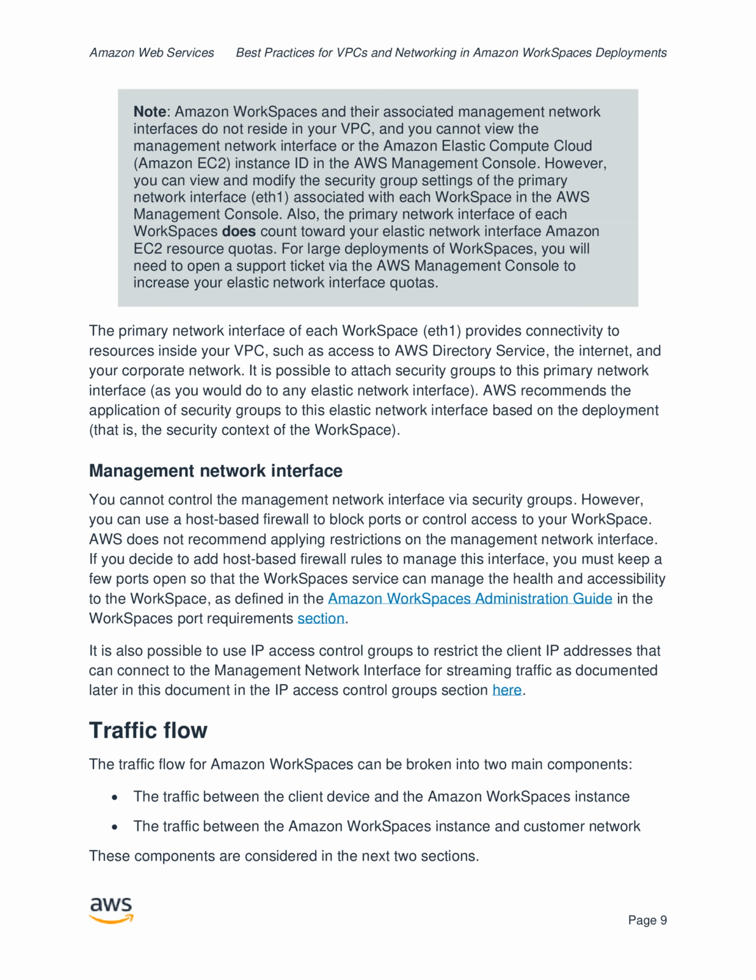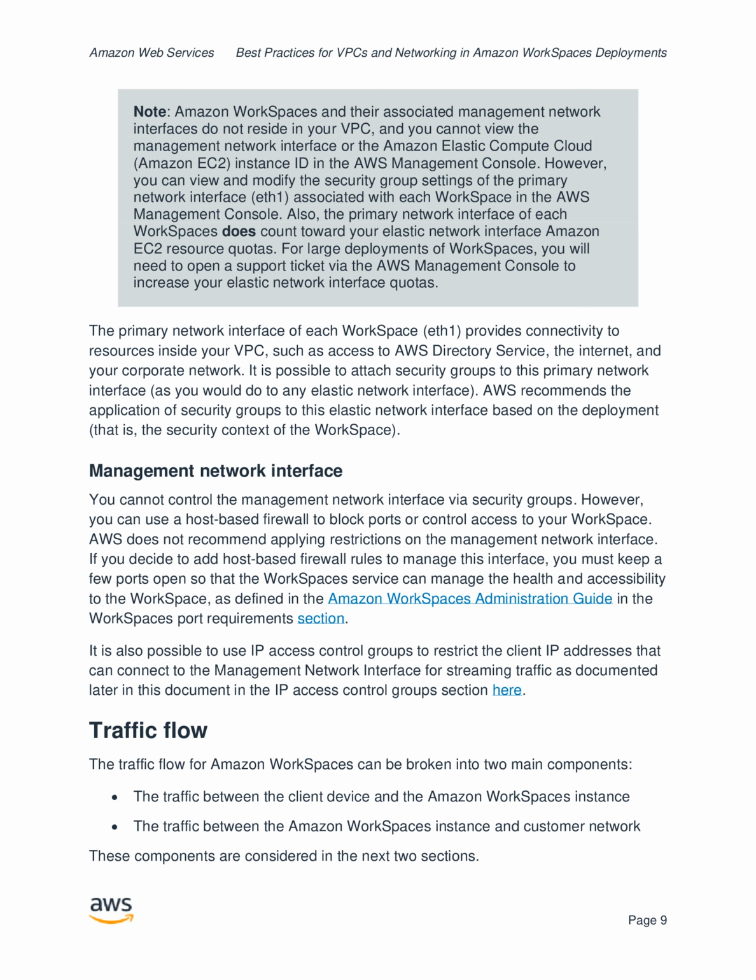If you decide to add host-based firewall rules to manage this interface, you must keep a few ports open so that the WorkSpaces service can manage the health and accessibility to the workspace, as defined in the Amazon WorkSpaces Administration Guide in the WorkSpaces Port Requirements section. It is also possible to use IP access control groups to restrict the client IP addresses that can connect to the management network interface for streaming traffic, as documented later in this document in the IP access control groups section here.